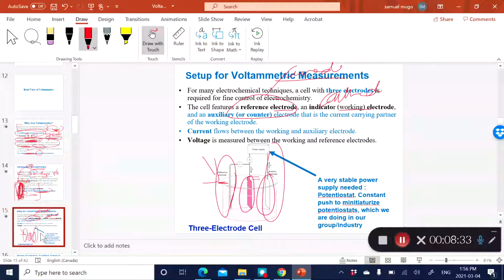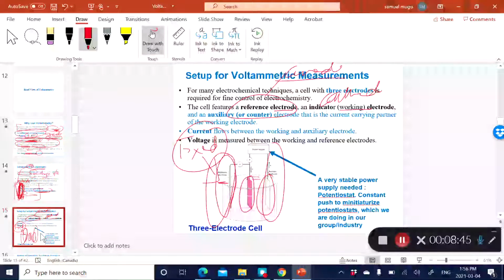You want it to be fixed. And the way to do that is to make sure there is no electricity flowing in the reference electrode, okay? So the current being measured is flowing between the working electrode and the auxiliary electrode, and there is barely any current flowing in the reference electrode.